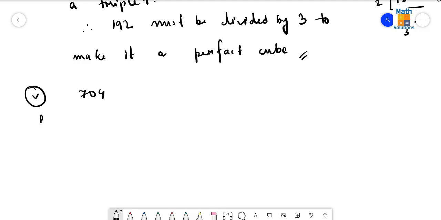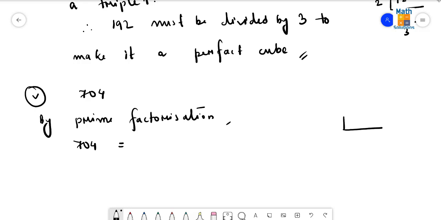704. So by prime factorization, what do I get? 704 is equal to, let us proceed here, 704 by 2 we can proceed because this is an even number. Then I get here this result, again by 2. 2 1s are 2, 15, 2 7s are 14.